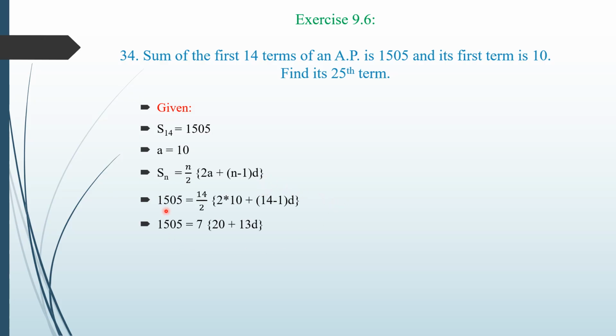When I solve this, 1505 is equal to 14 by 2 is 7, 10 into 2 is 20, and 14 minus 1 into d, that is 13d. Further simplifying this, taking 7 to the denominator, 1505 divided by 7 equals 20 plus 13d on the right side as it is. 1505 divided by 7 is 215, that is equal to 20 plus 13d.